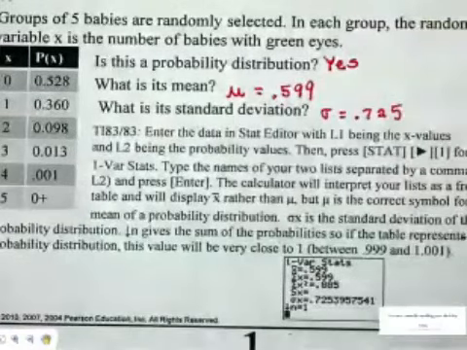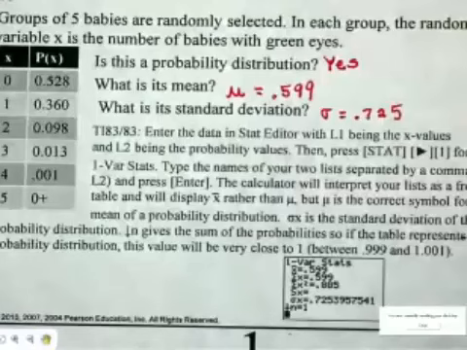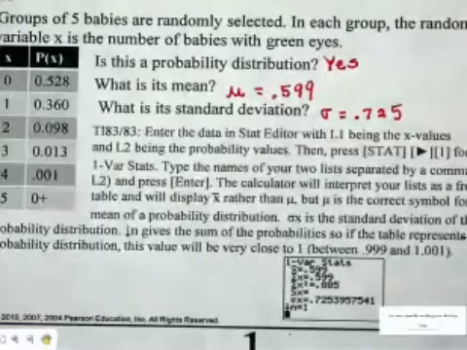The one other thing you notice at the bottom of my results screen here, it said n equals 1. Again, because the calculator thinks these are frequencies, it's telling me what all the frequencies add up to. If this is indeed a probability distribution, what should all these add up to? 1? It did.